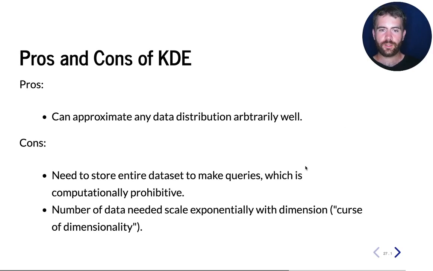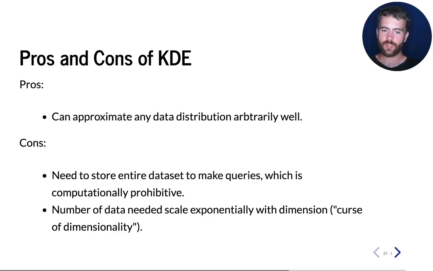The main advantage of kernel density estimation is that it can in principle fit the data distribution arbitrarily well. It is a non-parametric model, so it can fit the data distribution arbitrarily well given enough data.